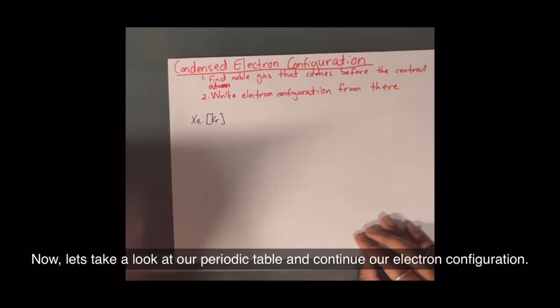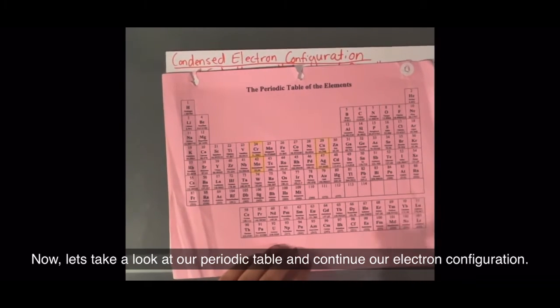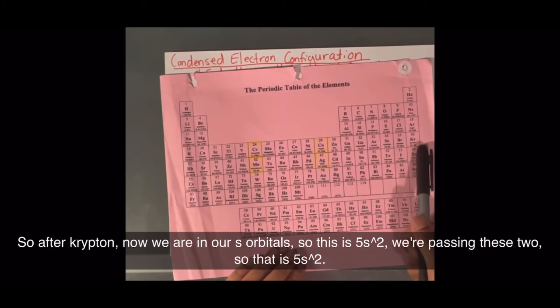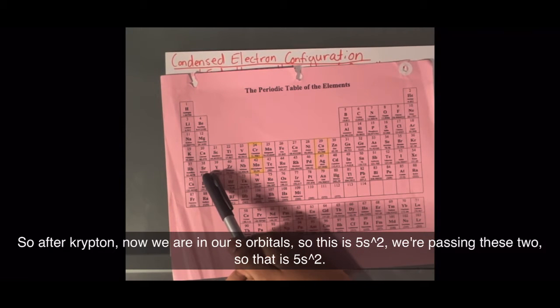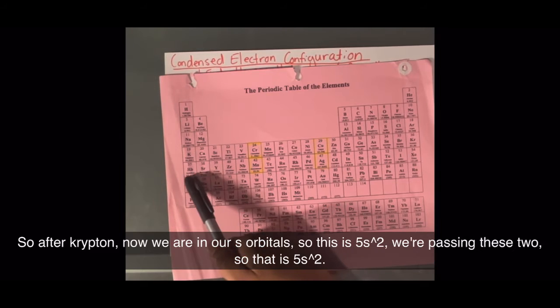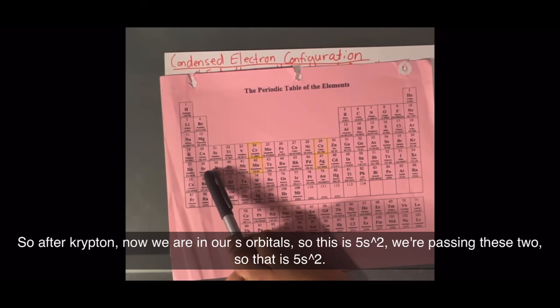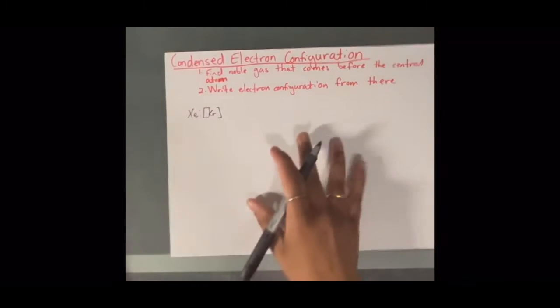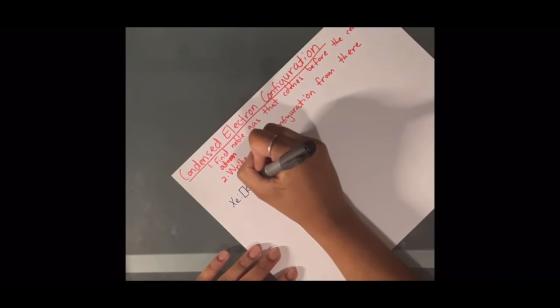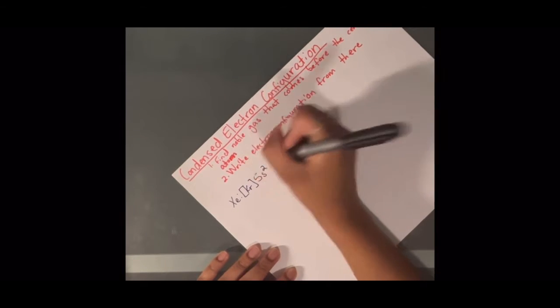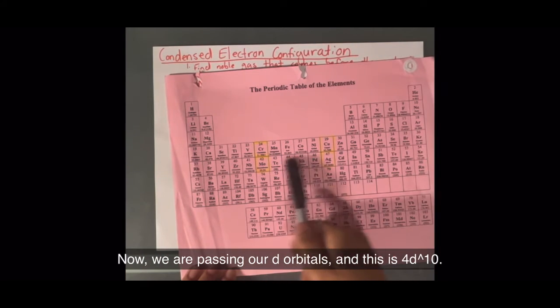Now, let's take a look at our periodic table and continue our electron configuration. So after krypton, now we're in our s orbital. So this is 5s2. We're passing these two. So that is 5s2. Now we are passing our d orbitals.